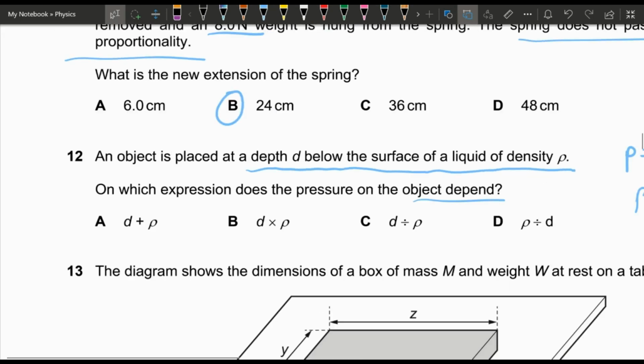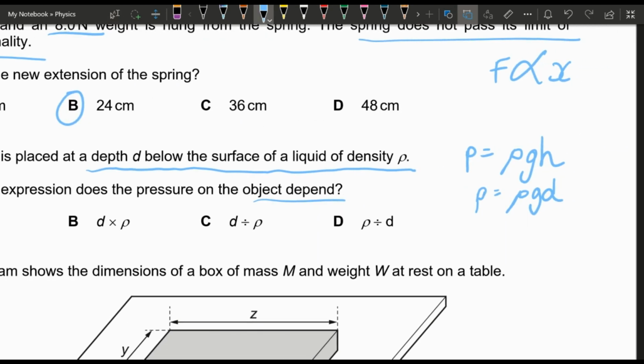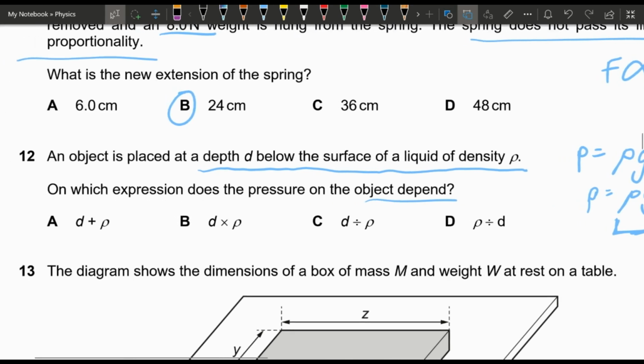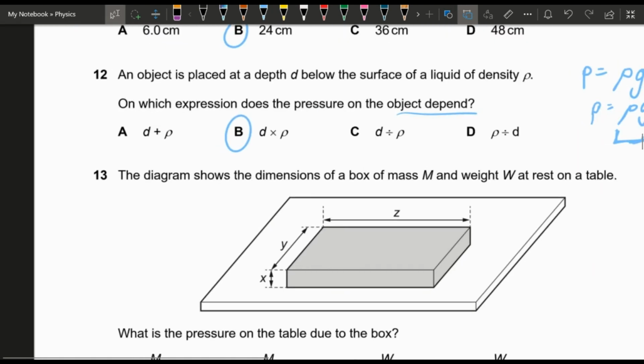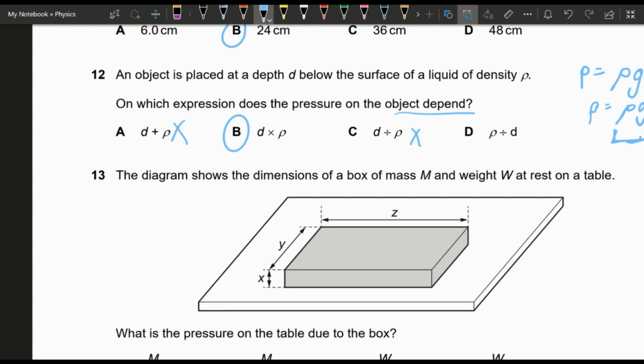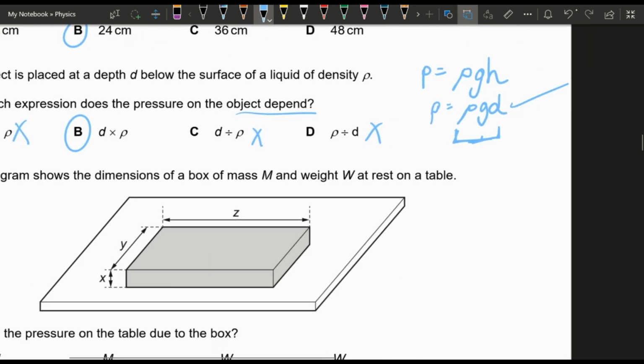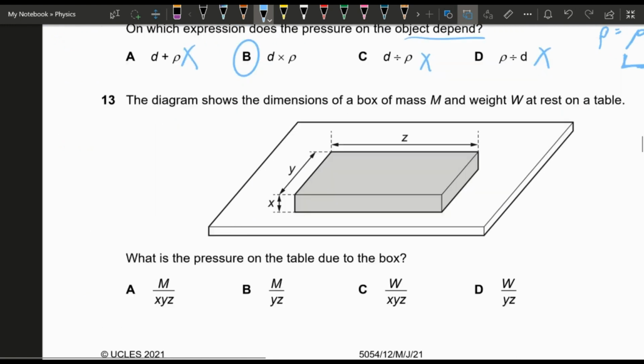So the pressure depends upon, obviously, density and the depth, because the gravitational field strength is obviously constant, which is 9.81. So it depends upon d and density, which is represented by rho. So B is our correct answer, right? Because d plus rho is not possible, this is not possible, this is not. This is a simple formula. You have to look at the formula and just select the correct option.